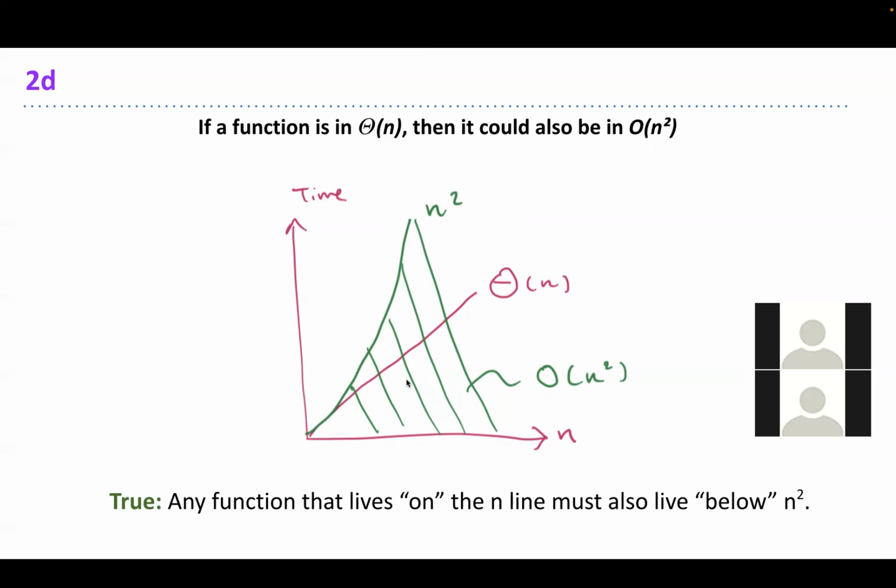So for example, if a function is in big theta of n cubed, then this would be false because n cubed is somewhere over here, and that's not upper bounded by n squared. But since this function is theta bounded by n, that falls within n squared. So this is true. Any questions about this?